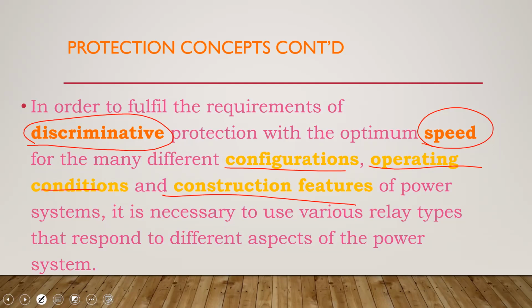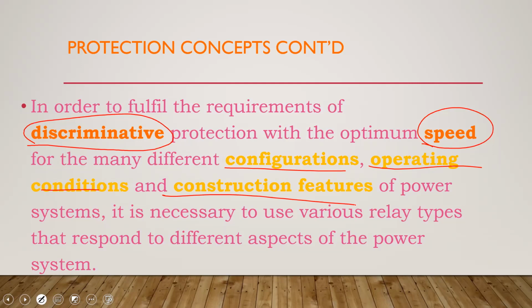So in protection, or maybe I should put it this way, discrimination is a highly acceptable principle in protection. That's one time you can discriminate and don't feel bad about it. What that means is that you should be able to separate the section of the system that is operating abnormally from the other section which is operating normally, and do so quickly.